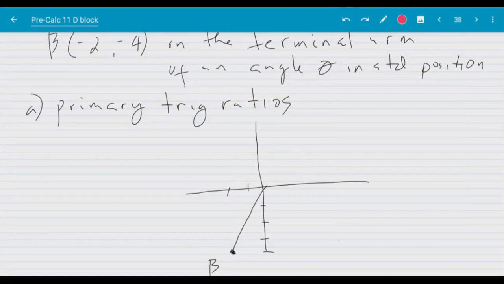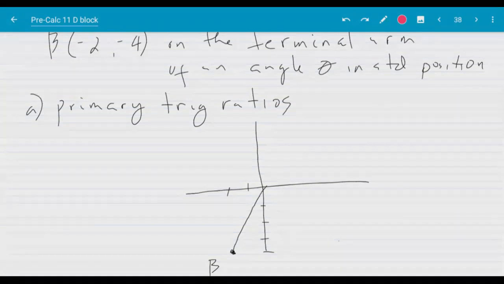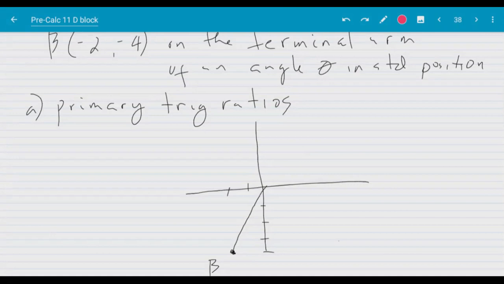The trig ratios of the reference angle would be the same as the trig ratios of the angle in standard position, except that the signs, whether positive or negative, depend on what quadrant it is in.